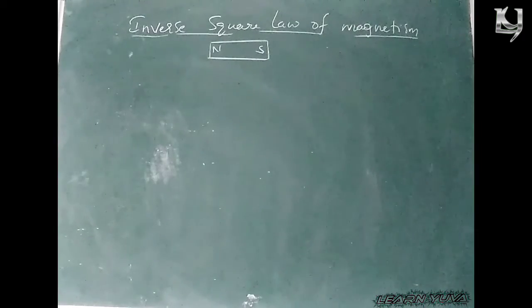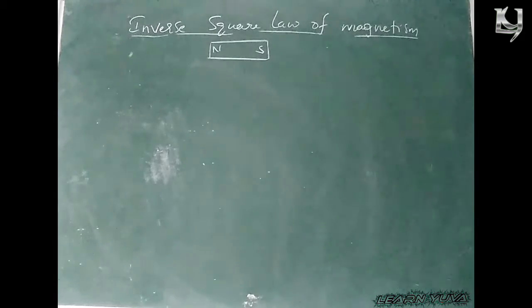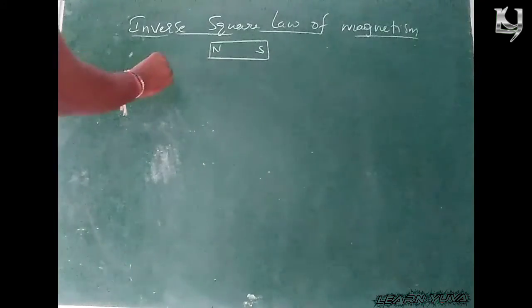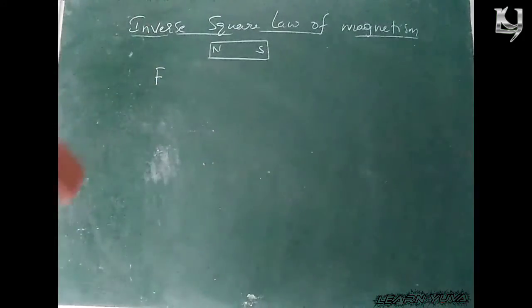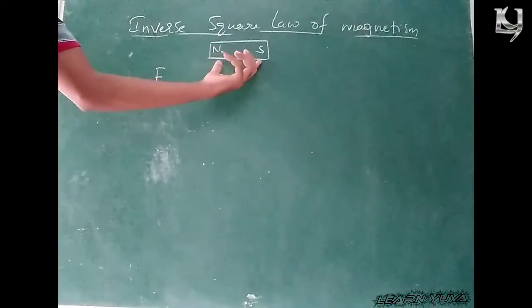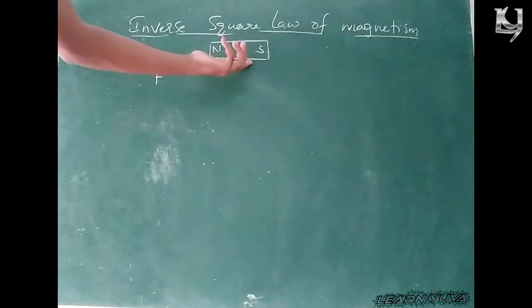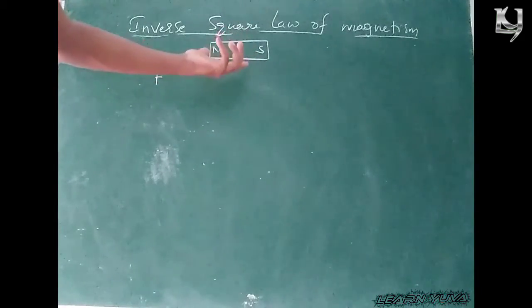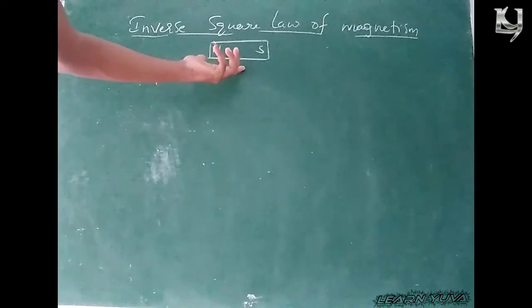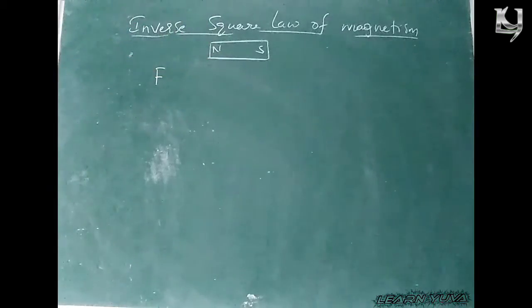The force of attraction or repulsion between the two poles of a magnet is directly proportional to the product of the pole strengths and inversely proportional to the square of the distance between them.